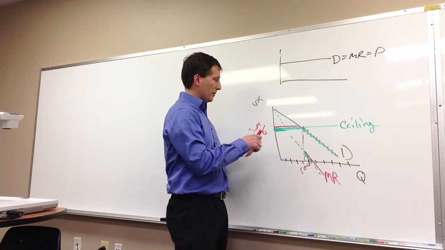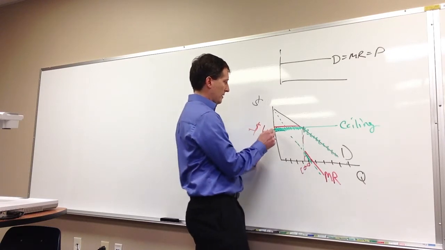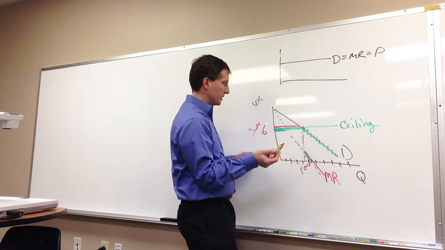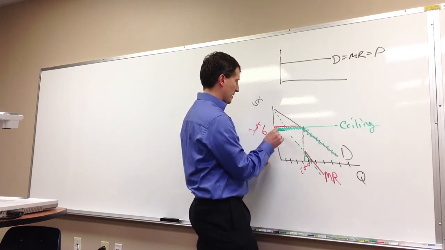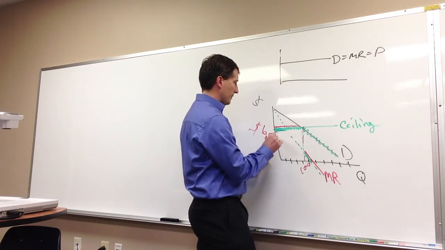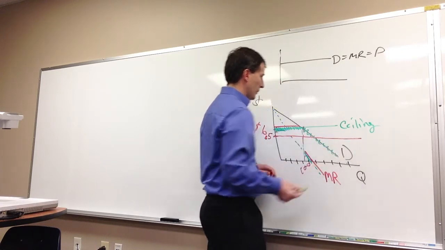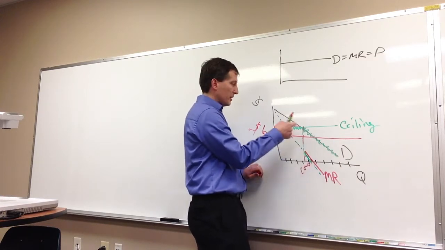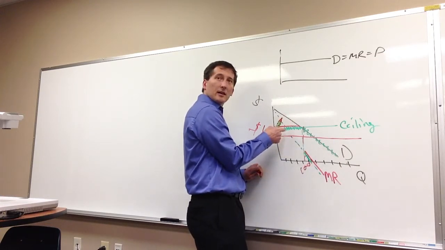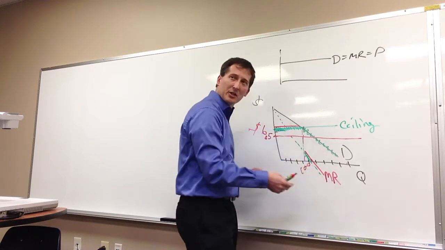So depending on where you hit, and I don't know if this is really drawn to scale or not, but if marginal cost is here at 5, do we dip into this region, I'm guessing, or not?